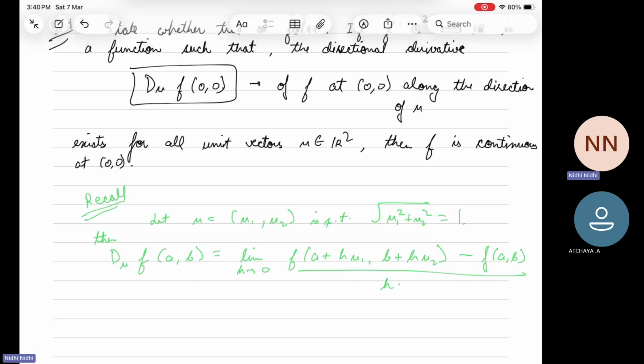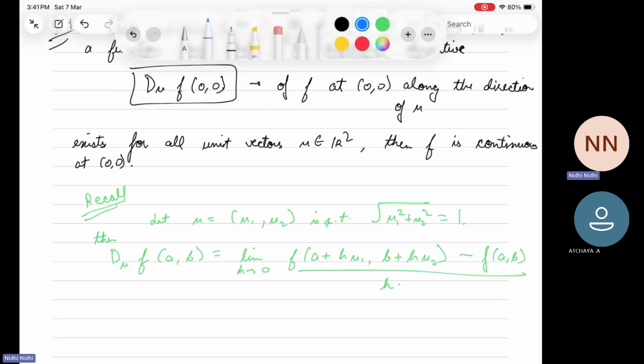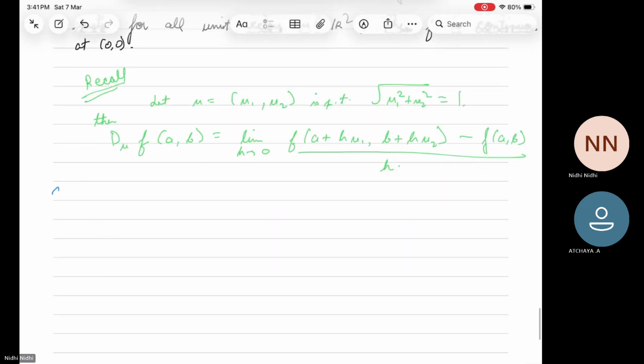So I'll show you an example where this function will have a directional derivative in all directions. That means with respect to any unit vector u, you will be able to evaluate this directional derivative, but still the function will not be continuous. It will not even have a limit at the point (0, 0). So let's see the solution.